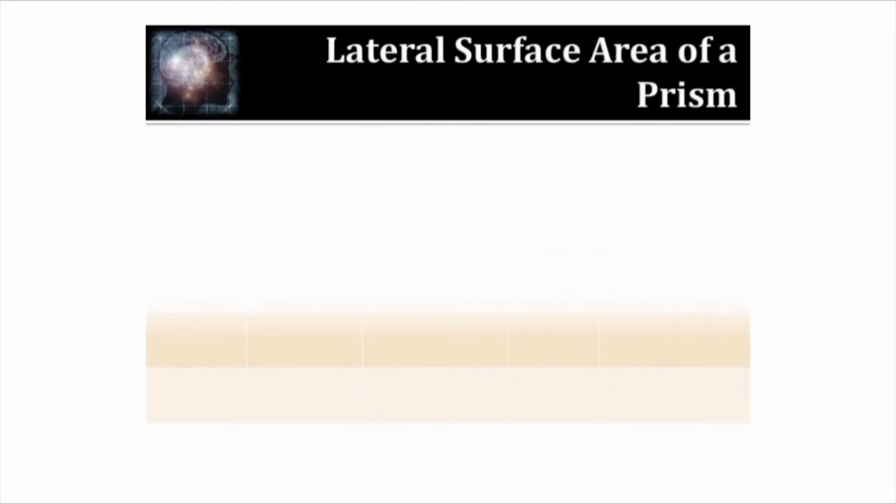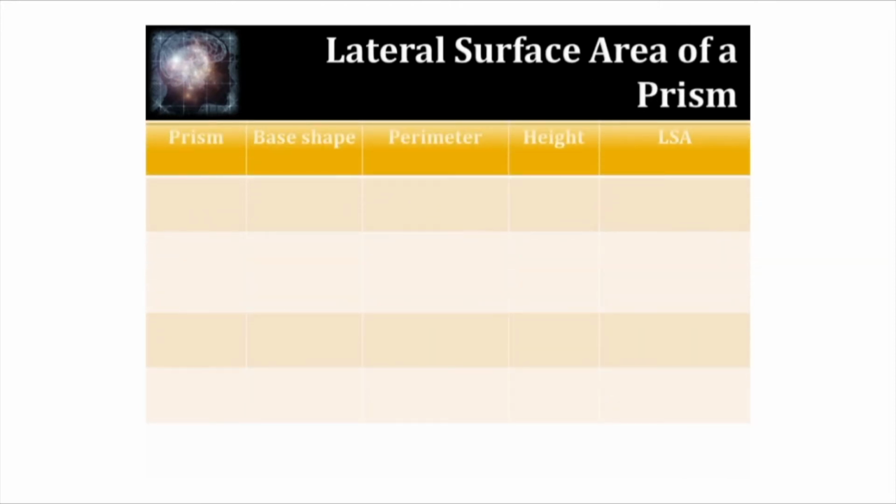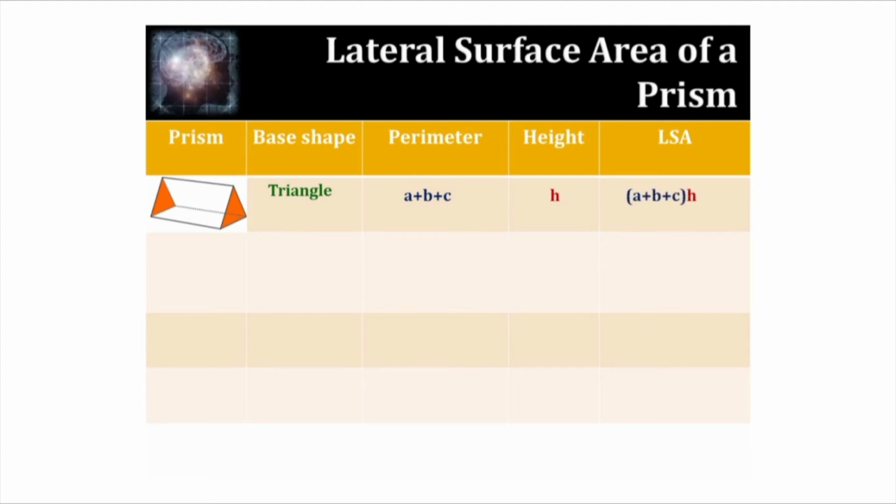Let's find out a general formula for LSA. We have seen that the base of a triangular prism is a triangle. So, its base perimeter will be A plus B plus C. The height of the prism is h. Then the lateral surface area is equal to the product of A plus B plus C and H. Therefore, LSA of a triangular prism is perimeter into height.